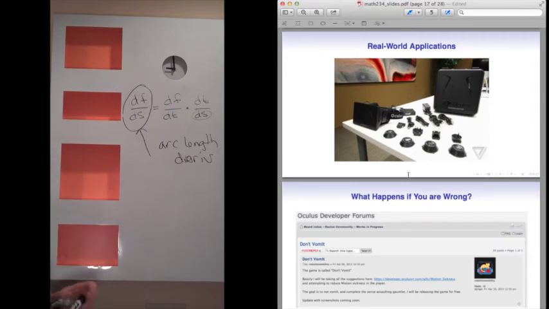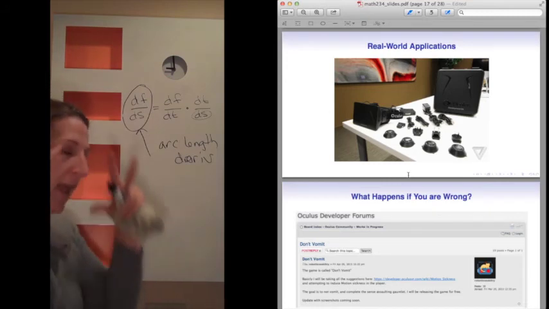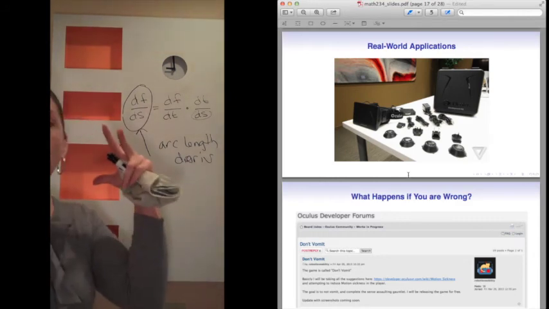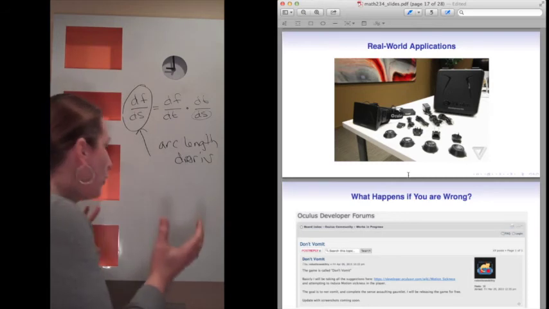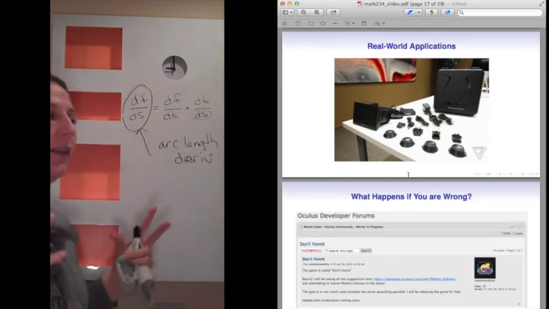By the way, they are hiring 100 people in the very near future, so there are jobs available in this technology sector. They have these virtual reality goggles that you put on and you move your head, and as you move your head, the virtual world moves in sync with how you're moving your head in physical space.